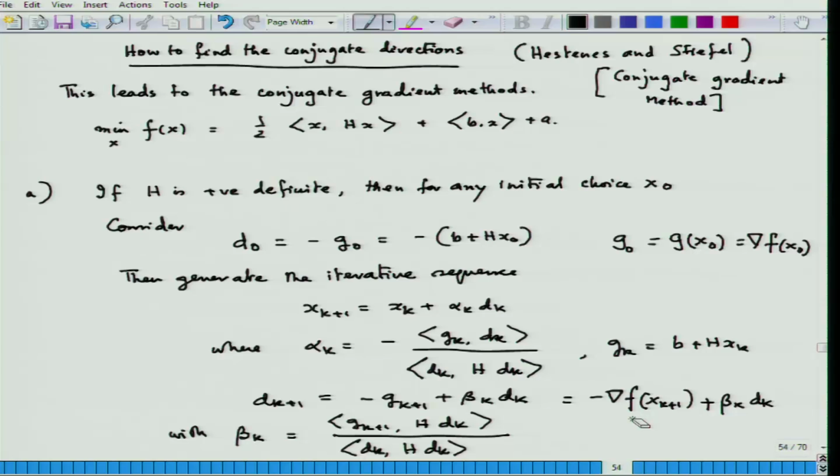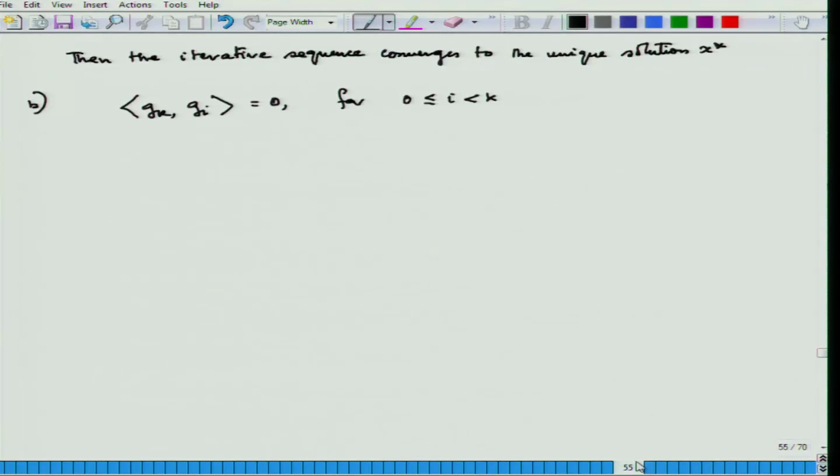Now, the remaining question, the major part of the proof, lies in the fact that this series of vectors d0, d1, up to dn minus 1 are actually conjugate directions.